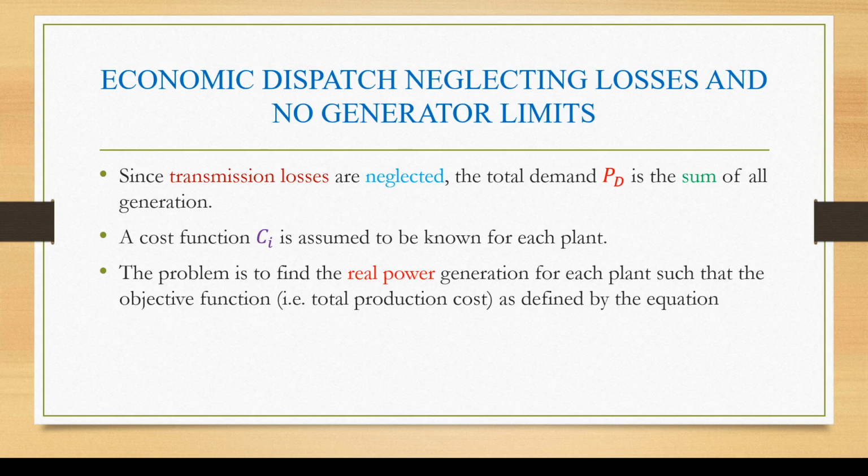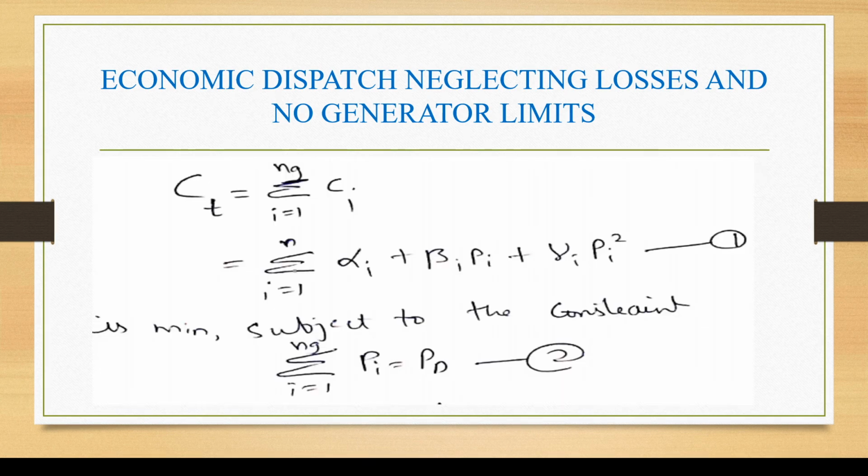So the problem is to find the real power generation for each plant such that the objective function is defined by the equation CT equal to summation i equal to 1 to NG Ci. In place of C, we can use F also.